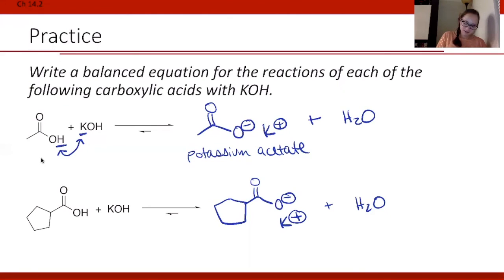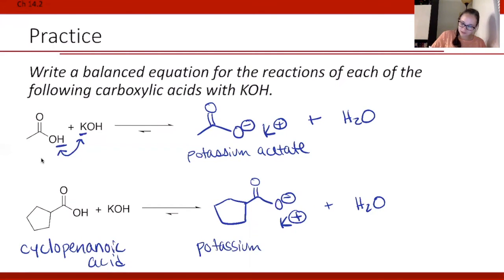So this carboxylic acid is cyclopentane, but now it's going to be cyclopentanoic acid. So the name of the carboxylate would be potassium cyclopentanoate, which is a mouthful. I will not lie. That is why it took me a moment.